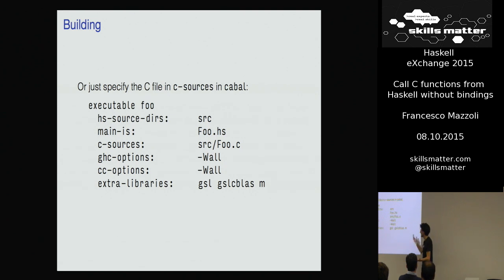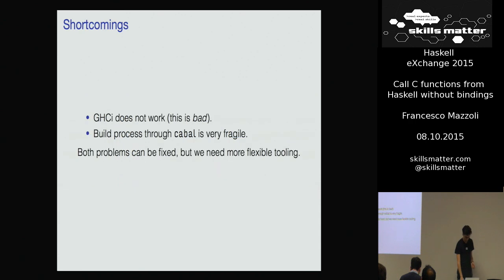A nice thing is that you can specify the options to the C compiler. You can specify what libraries you have to link with the objects with the same mechanisms that you would if you had proper C files that you had written. You can specify even the C compiler. You can have a great deal of flexibility regarding this, which is what we wanted. We don't want to force on the user a way of compiling the C code.